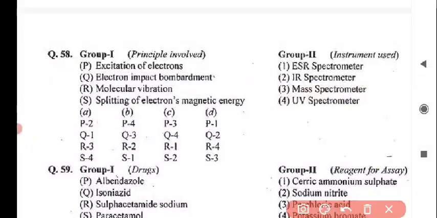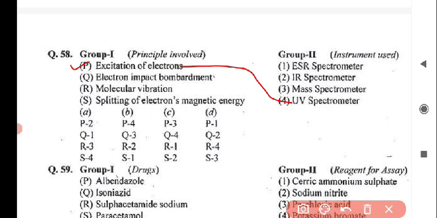Now in the next question, column 1 contains principle involved while column 2 contains the instrument used. So in this, the option number 1, that is excitation of electrons, for this the correct answer is option number 4, that is UV spectrometer.